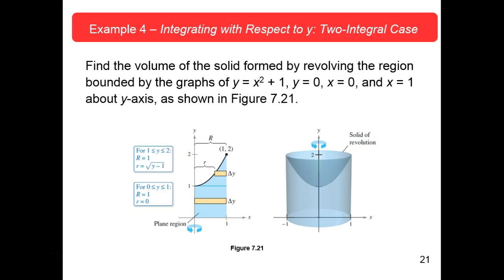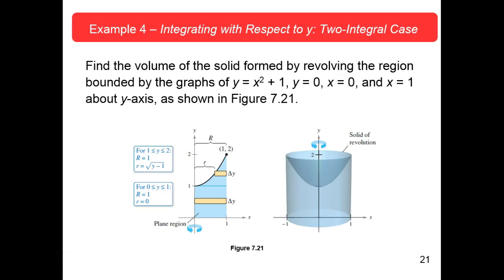That would be down here. You elevate it by 1, so it's up there. Y is equal to 0, so that's going to be your x-axis. X equals 0 is going to be your y-axis, and x equals 1 is going to chop it off over here. And you're going to revolve that around the y-axis.